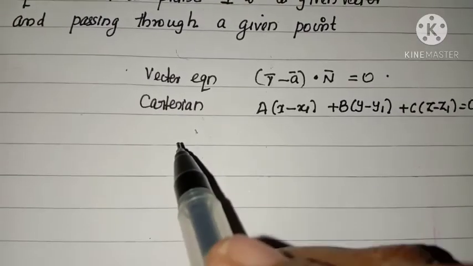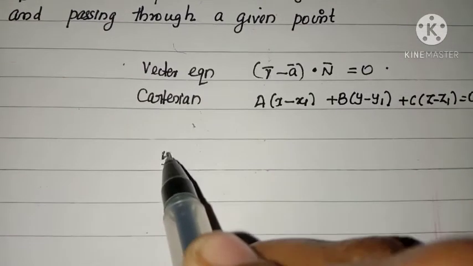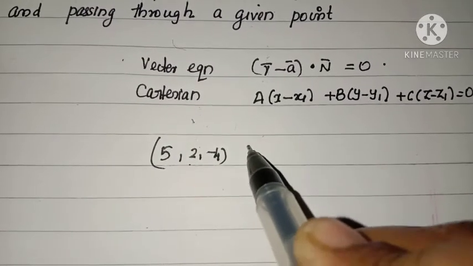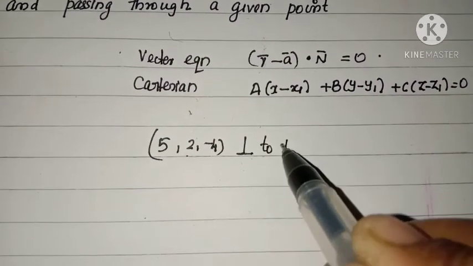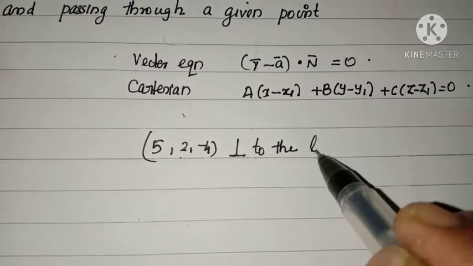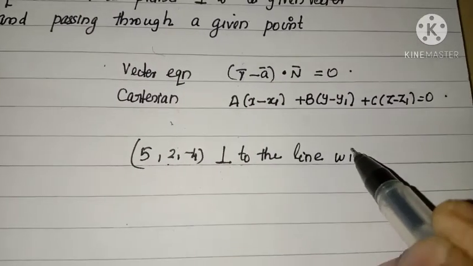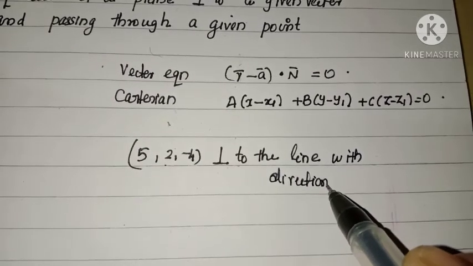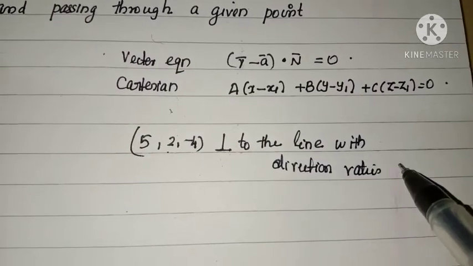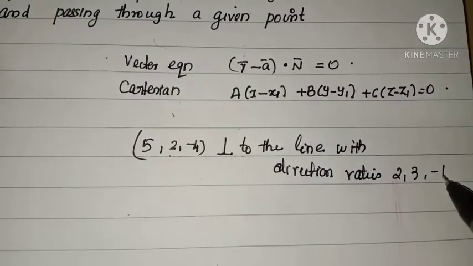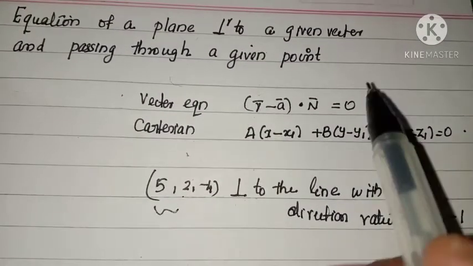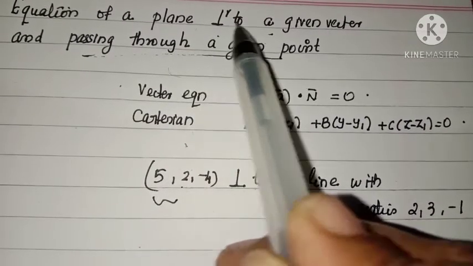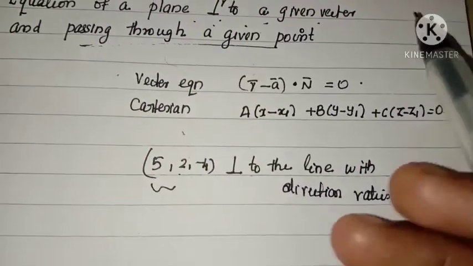Suppose we have a plane which passes through the point 5, 2, minus 4. This is the point, and perpendicular to the line with the direction ratios 2, 3, minus 1. So we have a point, and we need a vector perpendicular to this plane.